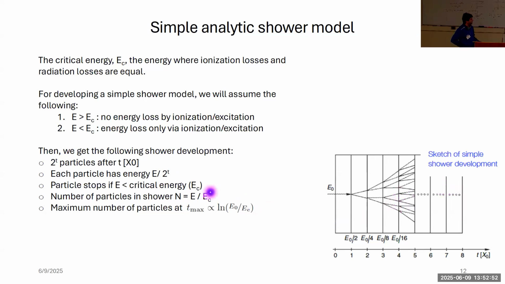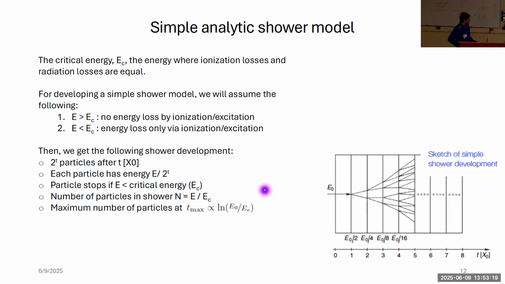So after t radiation lengths, you would have 2^t particles, and each particle would have energy E over 2^t, and the particle would stop if its energy went below the critical energy. So the total number of particles that you end up with is just the energy of the initial particle divided by the critical energy.